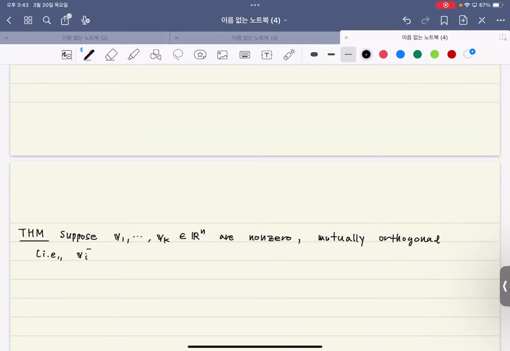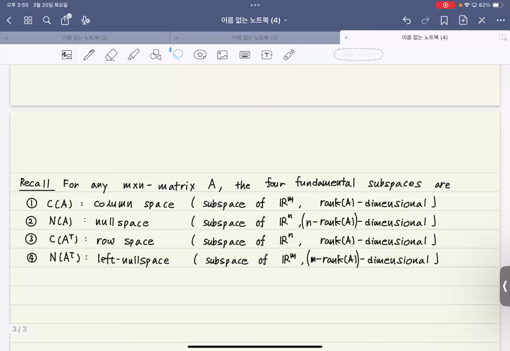There is also a very important example of orthogonal subspaces. These are the so-called four fundamental subspaces of a matrix. I have an m by n matrix A, and we were able to define these four fundamental subspaces: the column space and null space, row space and left null space. This one is a subspace of Rm, and this is a subspace of Rn.